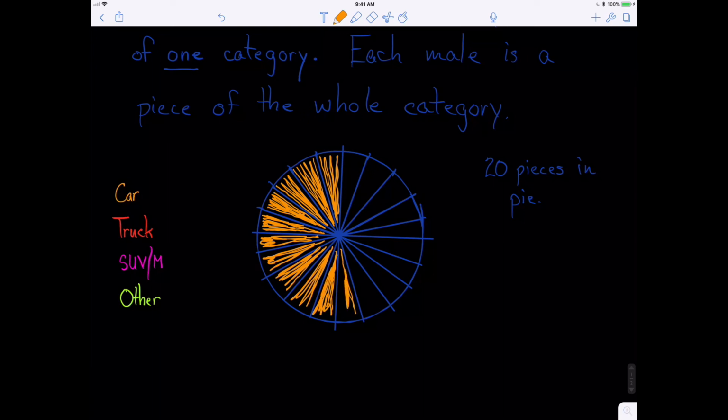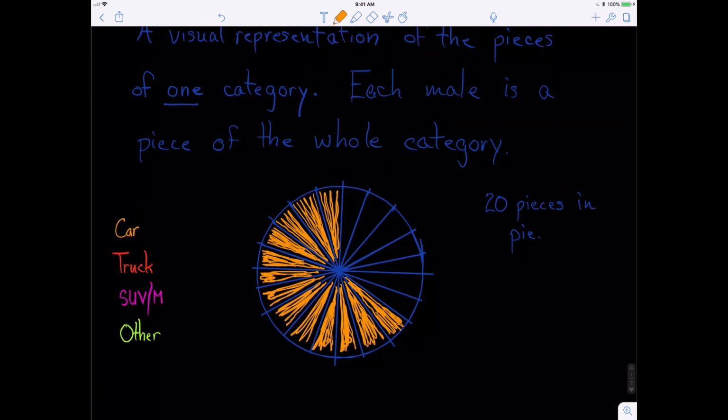We have 11, 12. Now if you're making one by hand, you can probably color it really nicely. This is a little hard on this application, but it still comes out to be a pretty nice looking picture. So those are my males that drive cars.